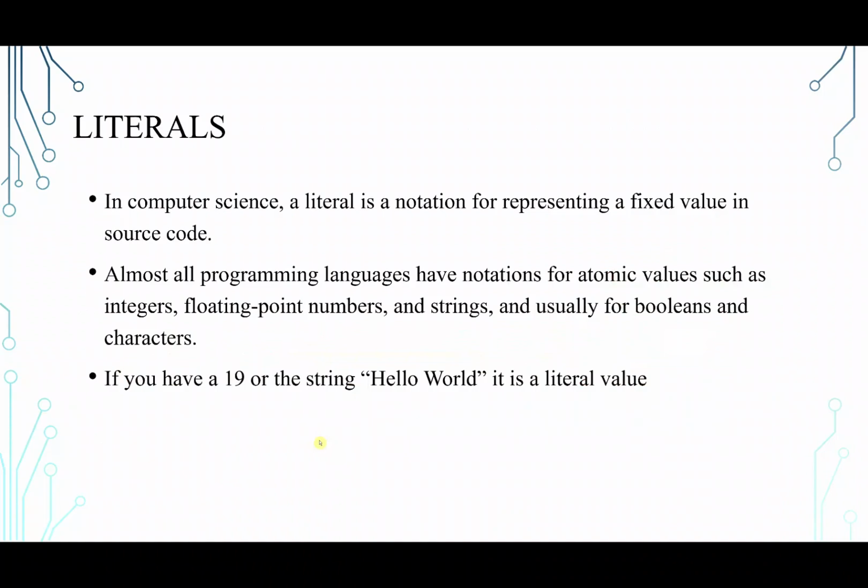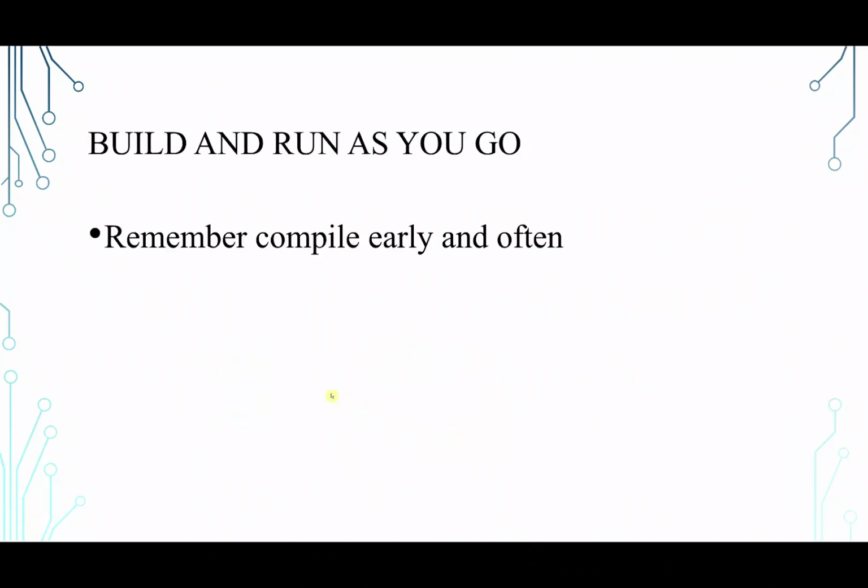So about literals, you know in computer science, a literal is a notation for representing a fixed value in source code. Almost all programming languages have these literals, right? These atomic values. So if you have 19 or hello world in text, basically those are literal values.